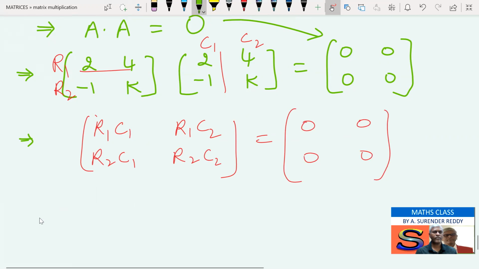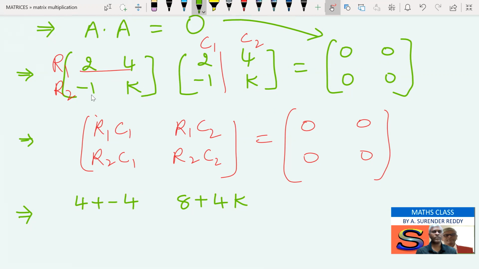Now let us multiply [2, 4] with [2, minus 1]. 2 into 2, I am writing directly. 2 into 2 is 4 plus 4 into minus 1 is minus 4. This is R1 C1. Next R1 C2: [2, 4] with [4, k]. 2 into 4 is 8, 4 into k is 4k.